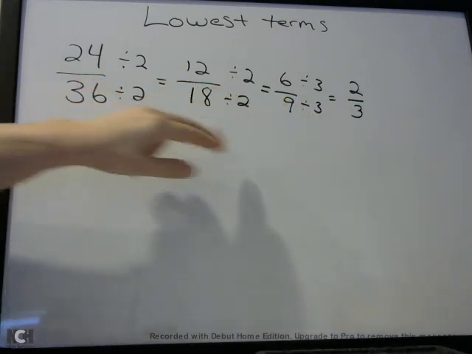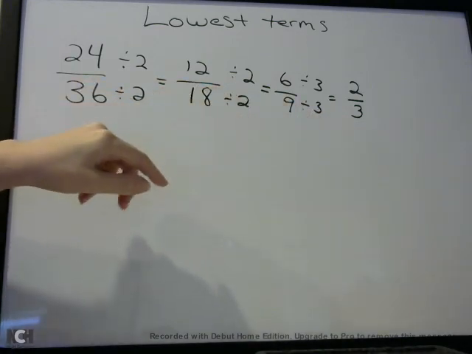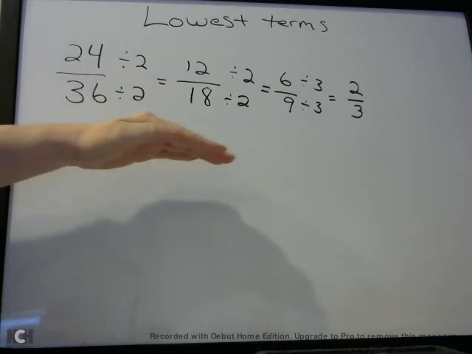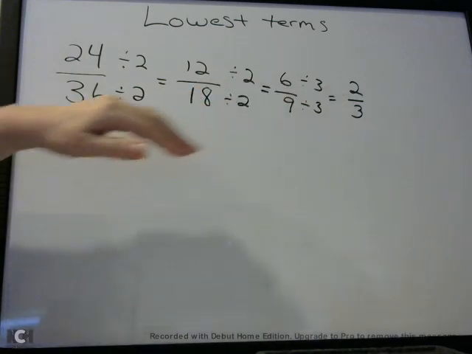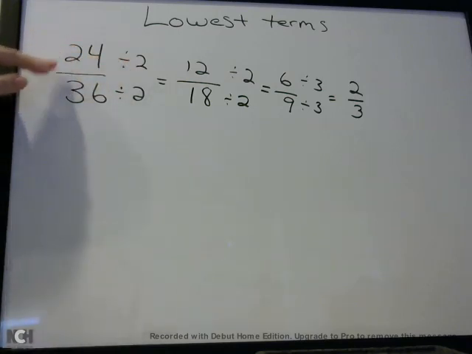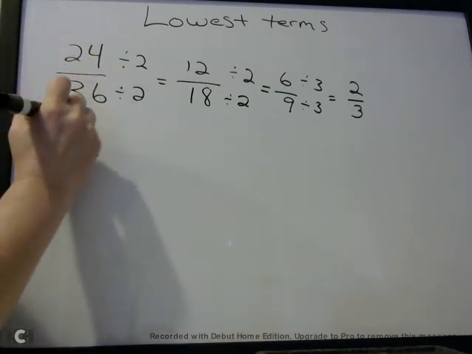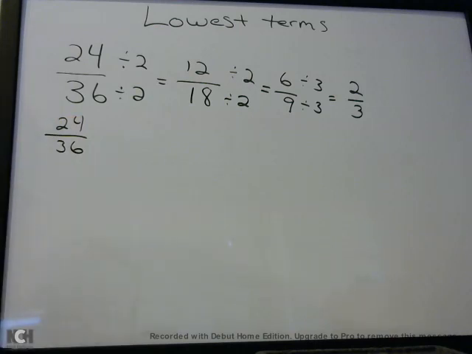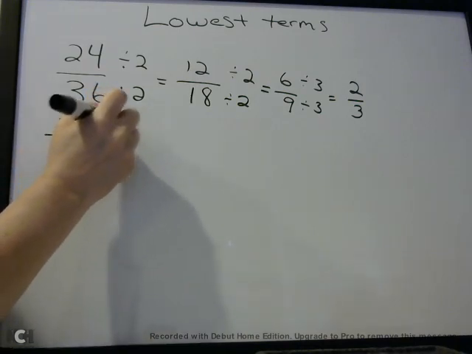So if you drew a pie, divided it up into 36 pieces and colored in 24 of them, and then erased all but so it was in 3 pieces, you'd have 2 of those covered. But there's lots of numbers you can choose to divide by initially. There are lots of ways to do this, is the point I want to make. Let's say instead of 2, you recognize, hey, I can divide both 24 and 36 by 4.